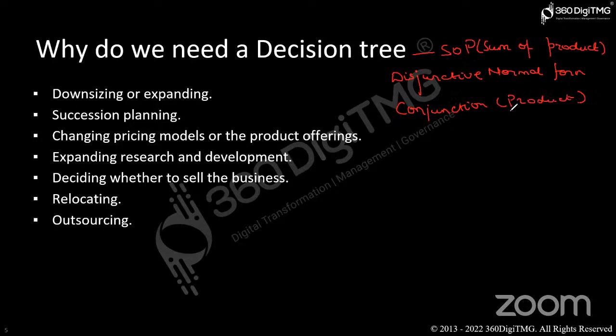Conjunction and product of what? Of values. Different branches ending in that class form a disjunction or your sum.